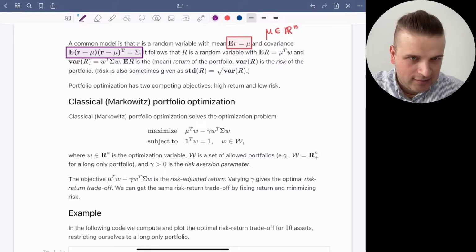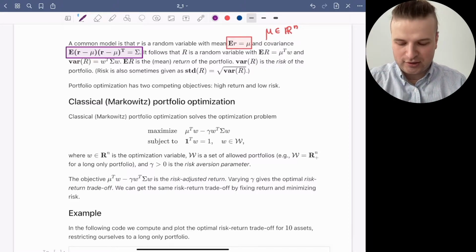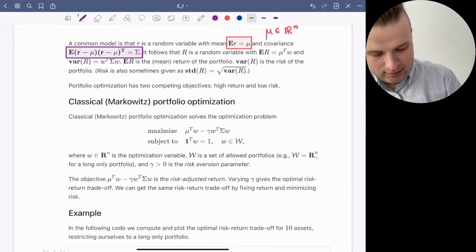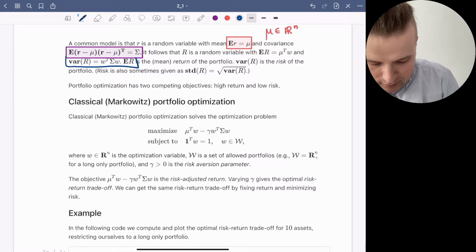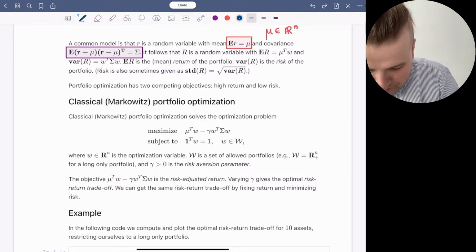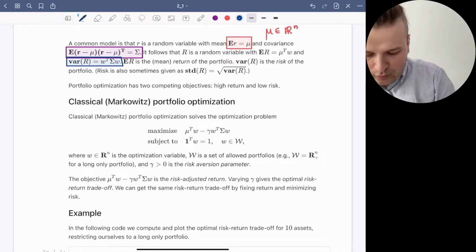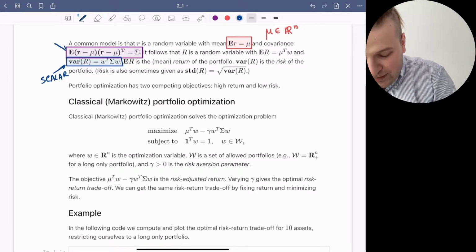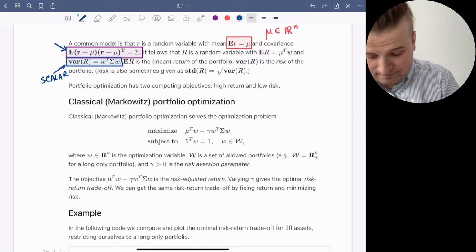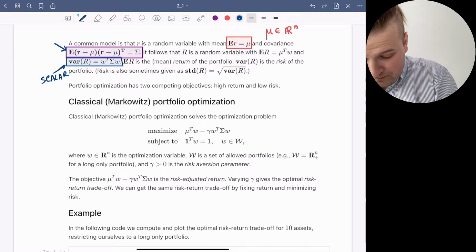But to model it, we'll consider this variance, which is calculated for your specific portfolio. And note that this variance is a scalar here, while the covariance matrix is a matrix, unexpectedly.